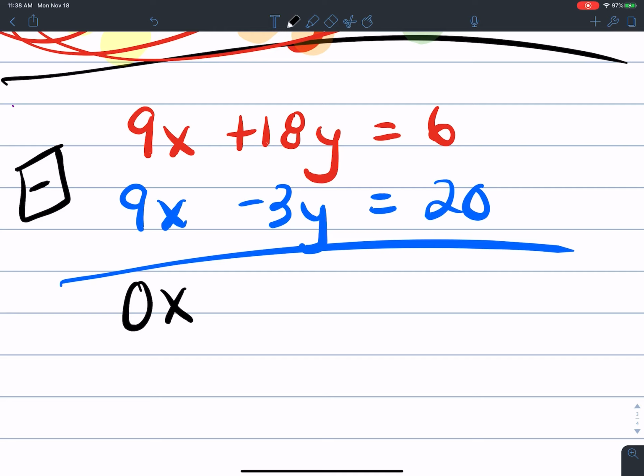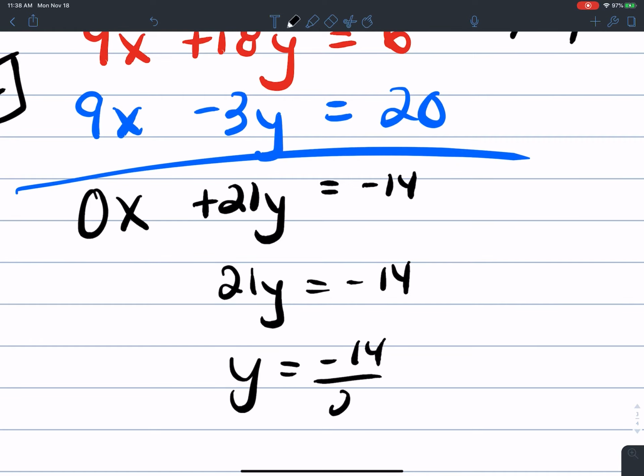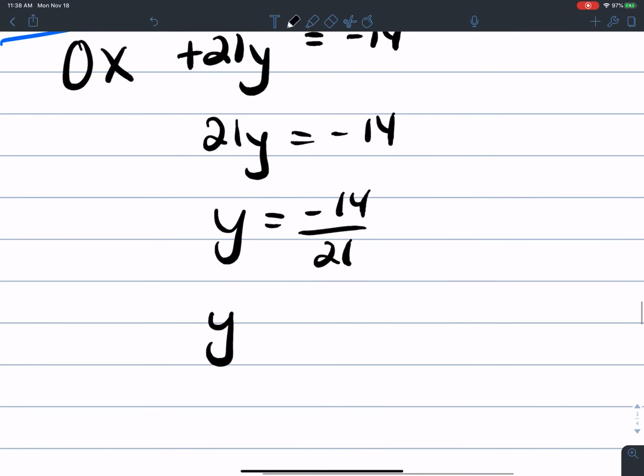So 18 minus negative 3. Remember, you might need to show a little side work to see that we change that to a plus. And then 6 minus 20 is negative 14. So now we've created this equation that only has one variable, so dividing by 21. And then simplifying, they're both divisible by 7, so we get y is negative 2/3.